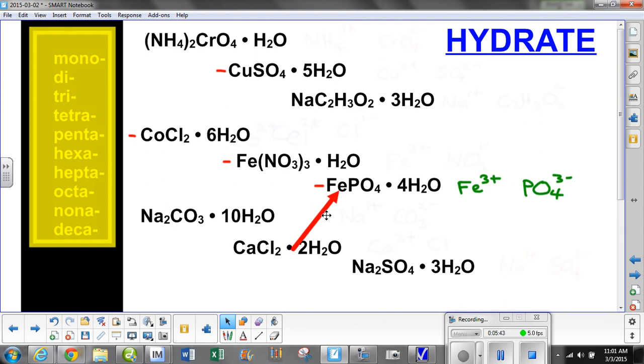This one is iron 3, and the only difference between the name of this guy, so far as the iron is concerned, and this guy is that we've got one only, and this guy was offset by 3 ions, and this is offset by only 1 ion, but it's a 3-. So this will be written iron, Roman numeral 3, phosphate, and that'll be a 4, so 4 is tetra, so it's iron 3 phosphate tetrahydrate. All right, let's move on.